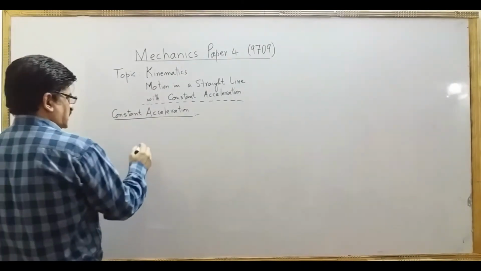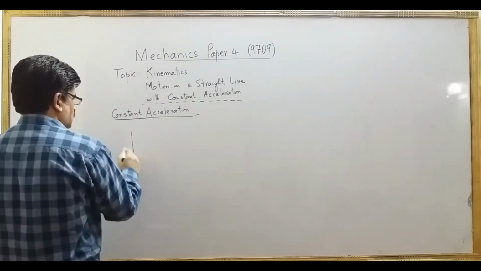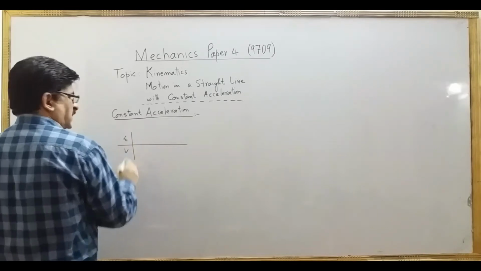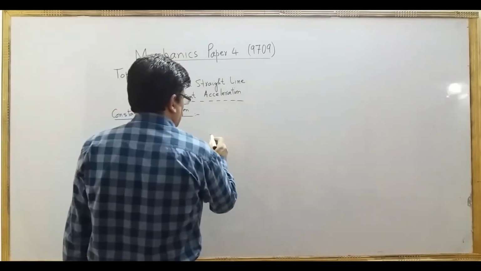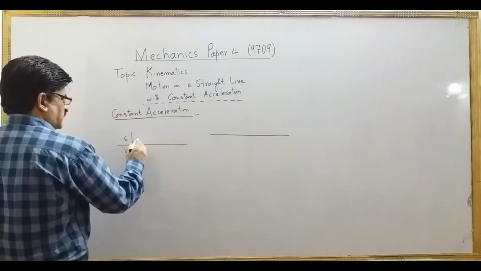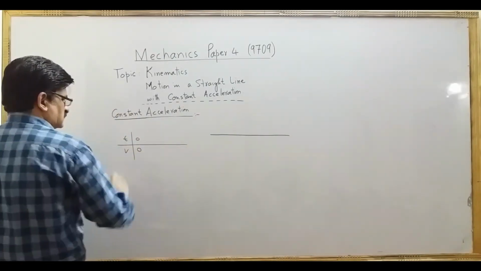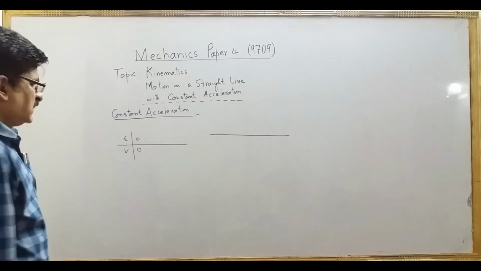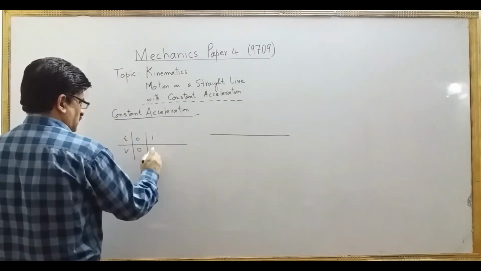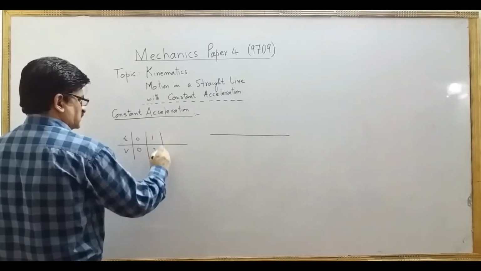What is constant acceleration? Suppose a body or a particle is moving along a straight line. We observe its motion. We have this table. After 1 second, velocity becomes 2.